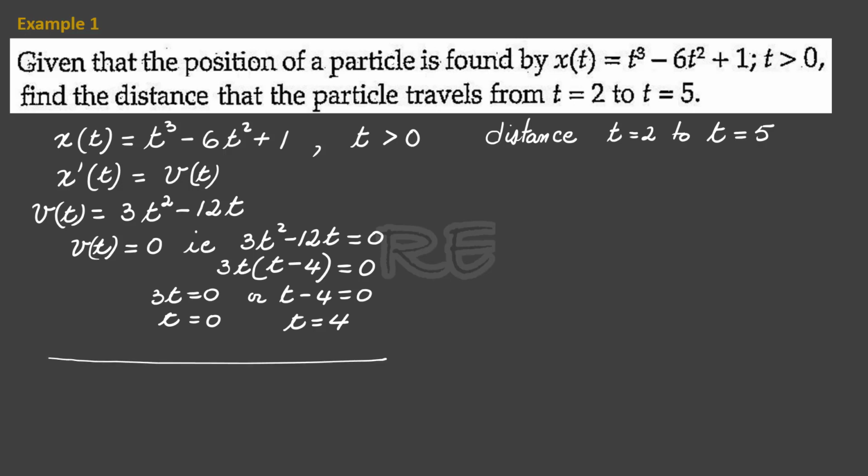Now, on the number line, 0 and 4 are the zeros of the derivative.